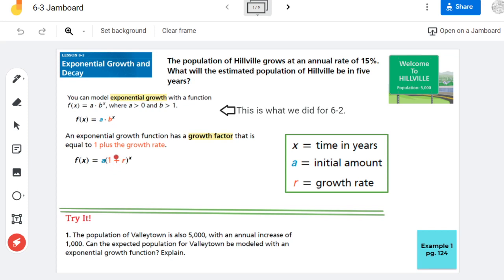We are saying that our constant ratio in this case is 1, meaning 100%, plus some kind of growth rate. Now understand, this could also become some kind of decay by having that rate be a negative value. So it could be a subtraction of r here as well.